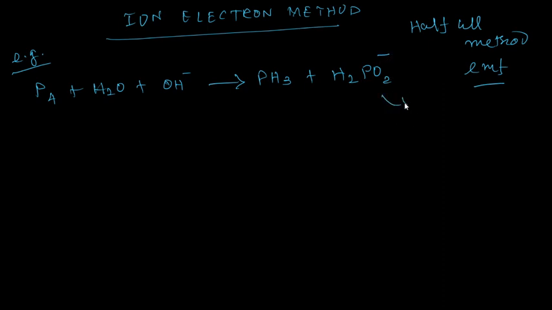The reaction is P4 plus H2O plus OH minus gives PH3 plus H2PO2 minus. Here PH3 is phosphine and H2PO2 minus is hypophosphite.